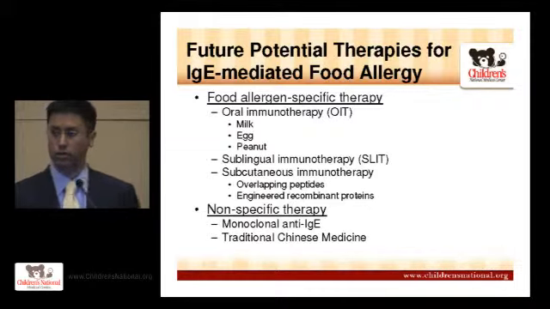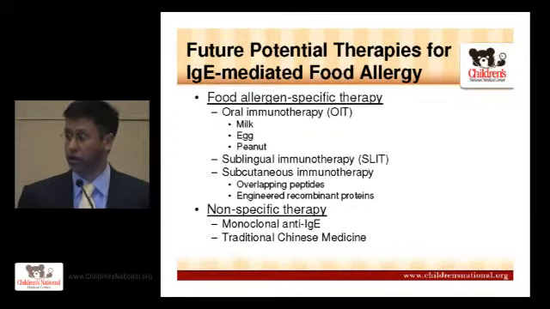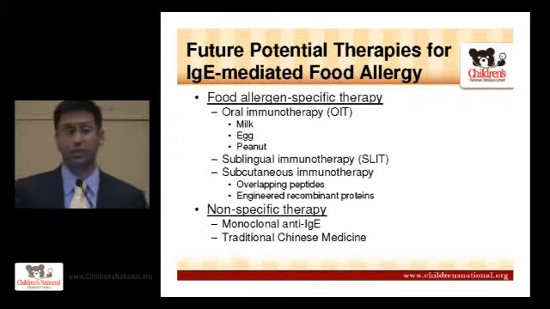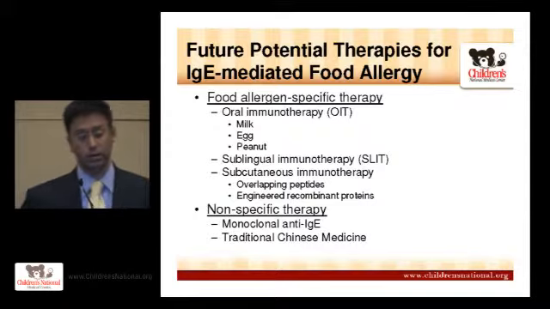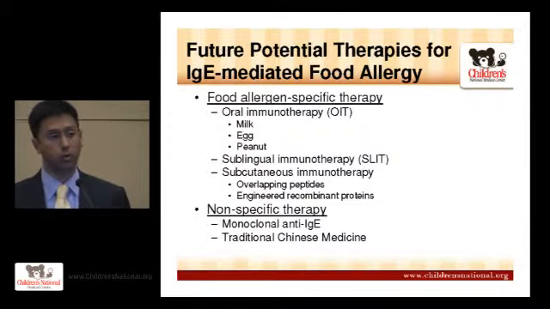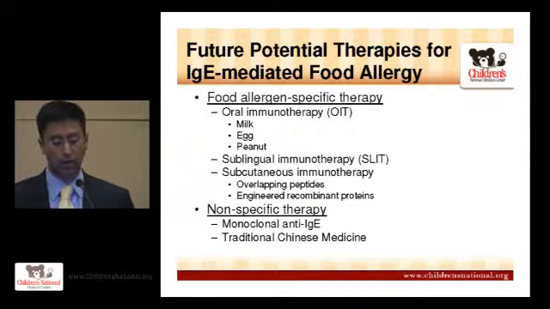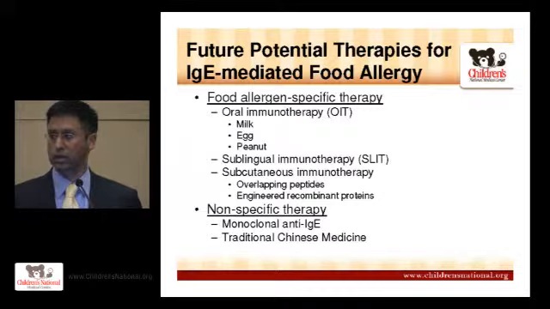And while the results initially look quite good, I have to emphasize that these are experimental therapies, and so there's nowhere where this is being done outside of a clinical research protocol. But I do think that we'll get to a day where we'll be able to treat food allergy by desensitizing the child's immune system through the gradual introduction of food.